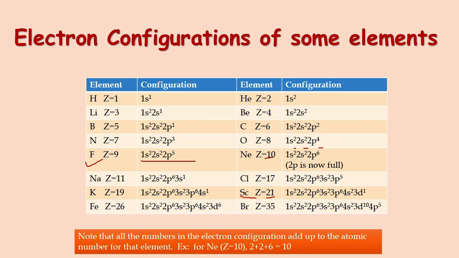Note that all the numbers in the electronic configuration add up to the atomic number of that element. Like in the case of neon, the atomic number is 10, so electrons in 1s2, 2s2 and 2p6: 2 plus 2 plus 6 is equal to 10.